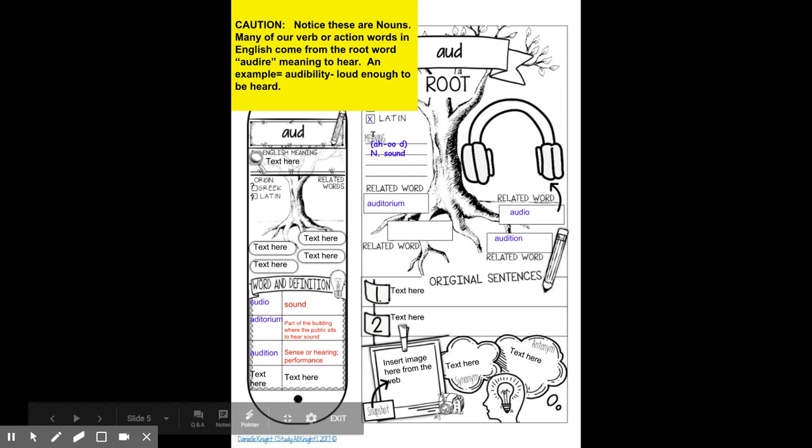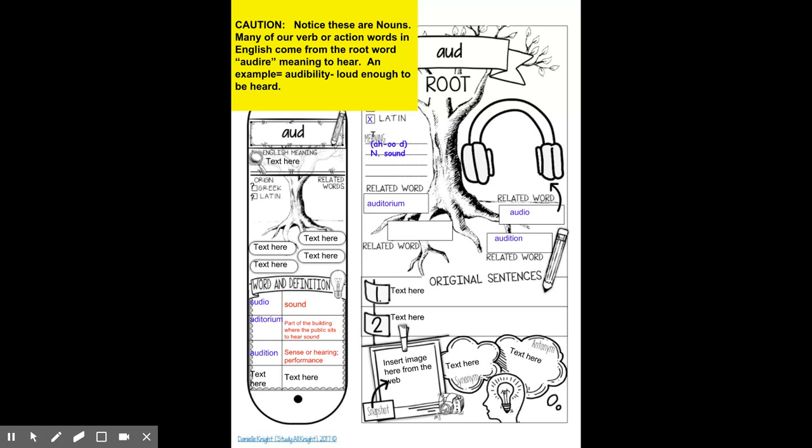One more that I thought would be good would be audition. And an audition can mean two things. Audition is that sense of hearing you have that audiologists will study. Audition can also mean a performance. So it has two different meanings.